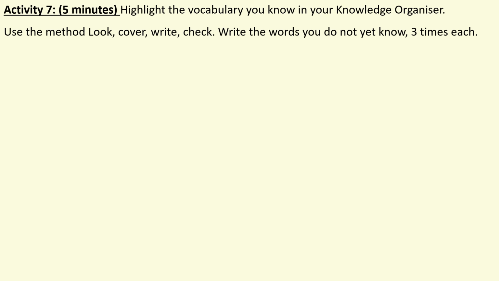This can be in the front of your book so that all of your work is documented together. I want you to write these words or phrases at least 3 times each to show me that you're trying to learn them. So you're trying to make sure that you know all the words in each of the different units that we've covered. Pause to do that now. Press play to go to the end of the lesson.